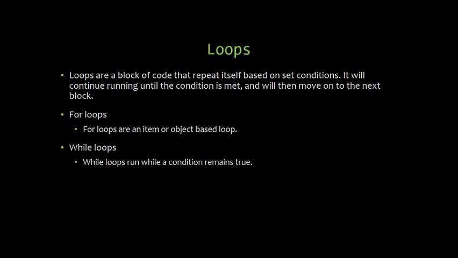The most common forms of loops are the for loops, which is an item or object-based loop. So for example, if you have a dictionary or a list of items that you're wanting to go through, which I'll also explain in a later video, the for loops will loop through the dictionary or list and do code based on what you want it to do for each item in that list.